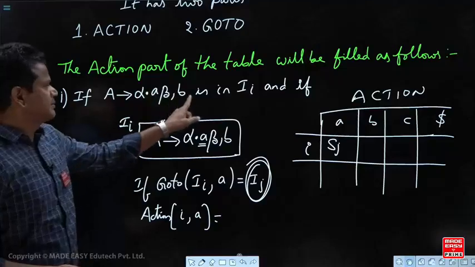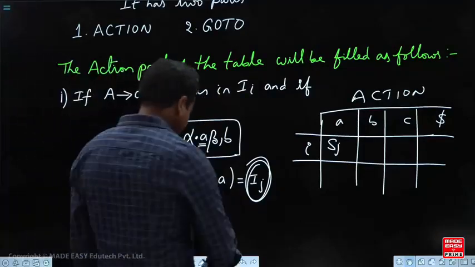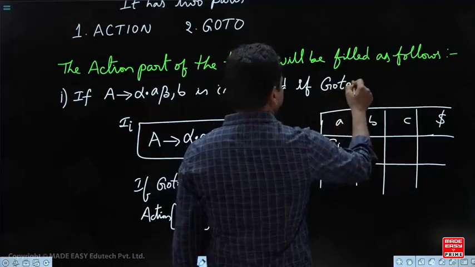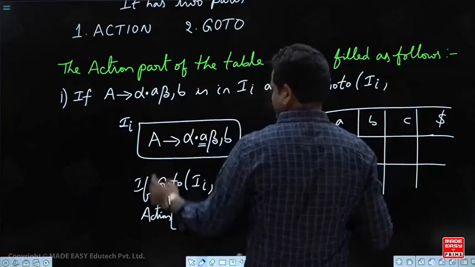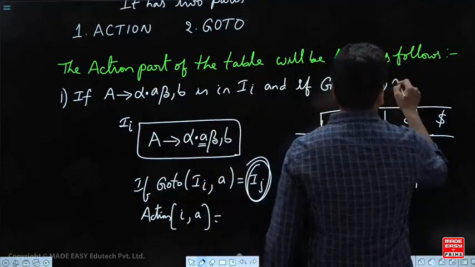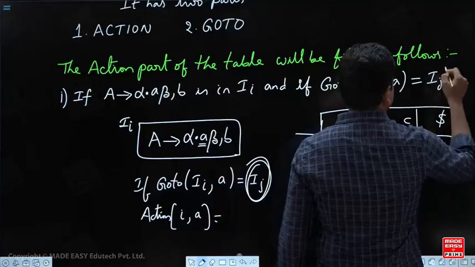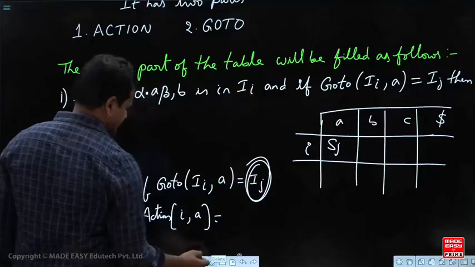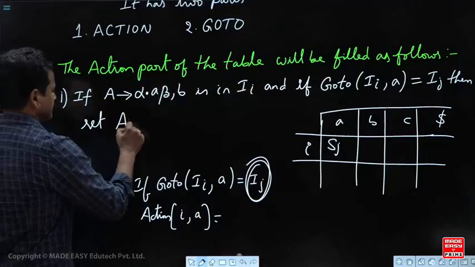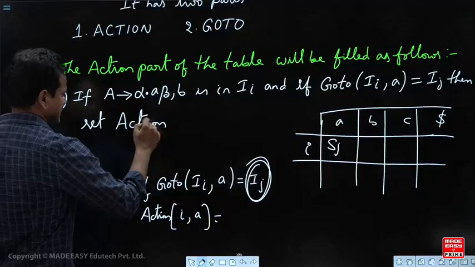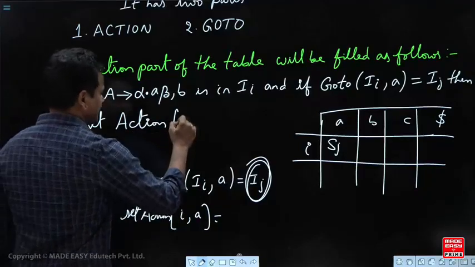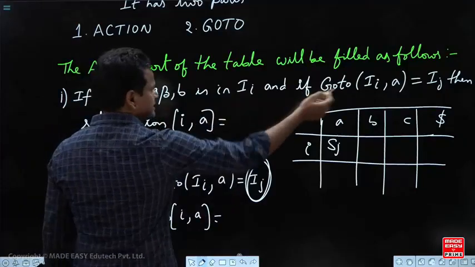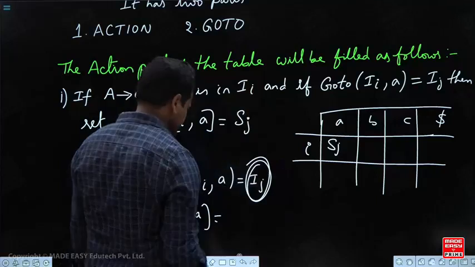If A derives alpha dot A beta comma B is in Ii, and if go to of Ii comma A is the Ij state, then set in the action part of the ith row, because it is in Ii, and the 8th column, because the shift symbol is A, it is going to Ij, therefore Sj, meaning shift j.